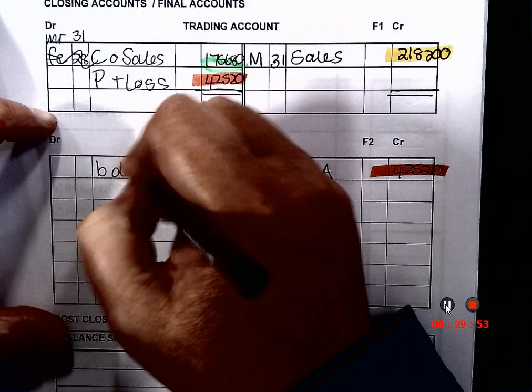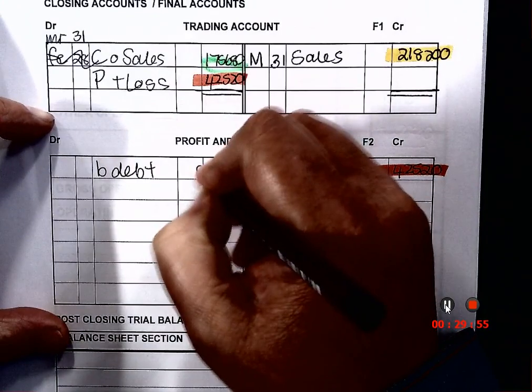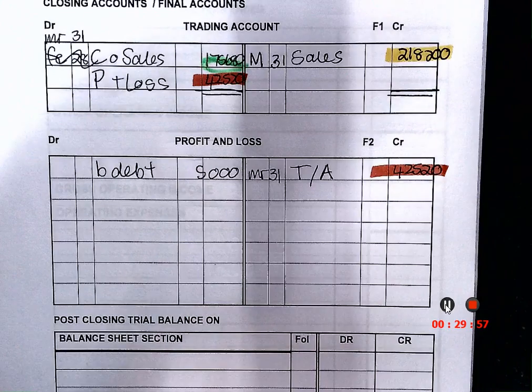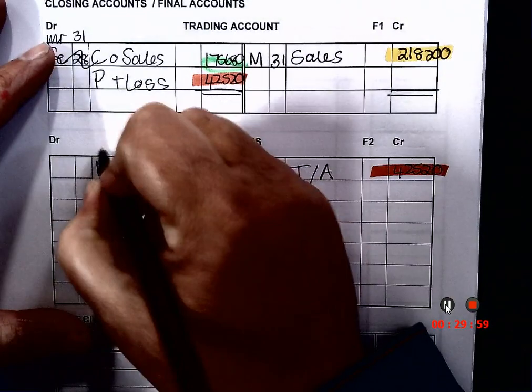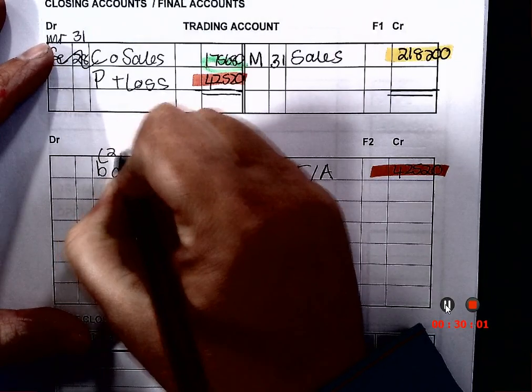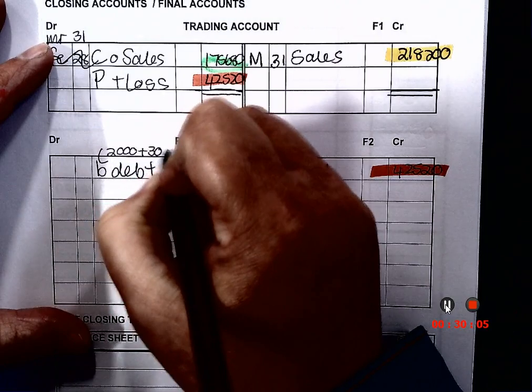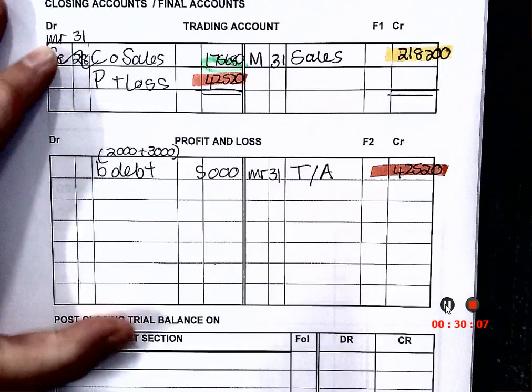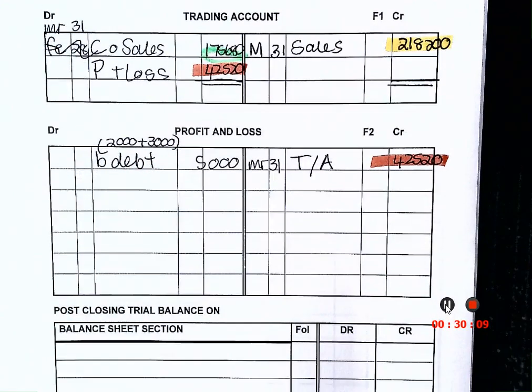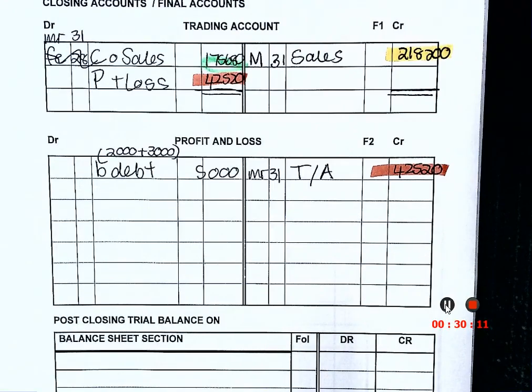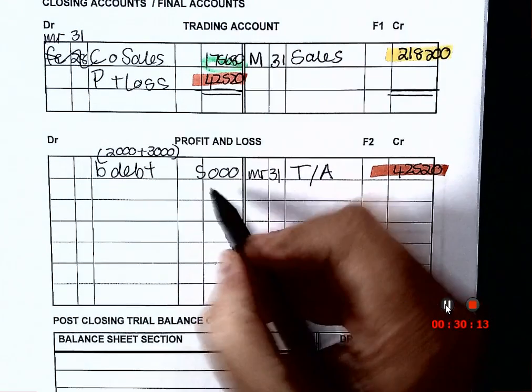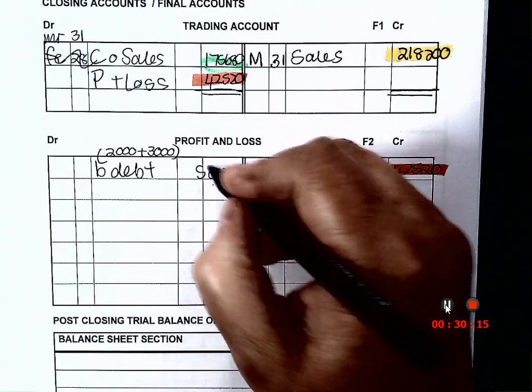Bad debt, 5,000. And I want you to get into the habit of writing in brackets how you got to it. The 2 plus the 3. Get in that habit, because in accounting we mark like this. Grade 10 we mark like this. If you have 5,000, you get 3 ticks.